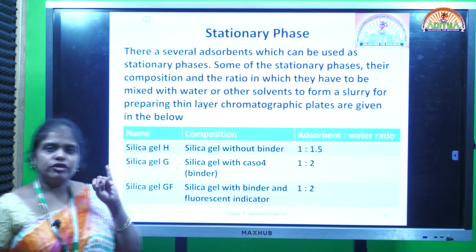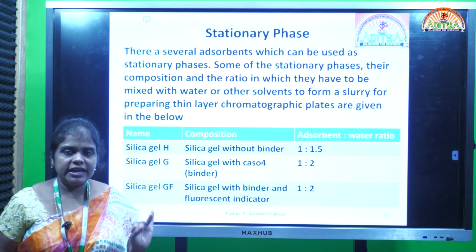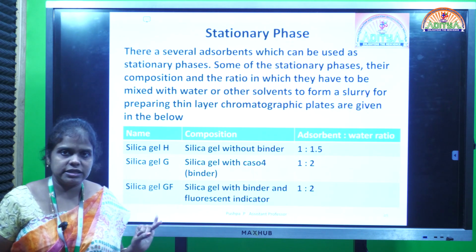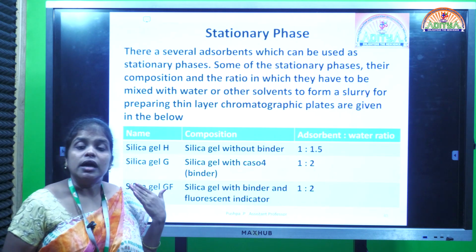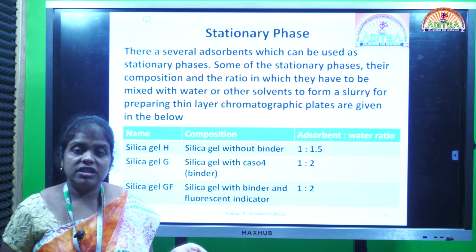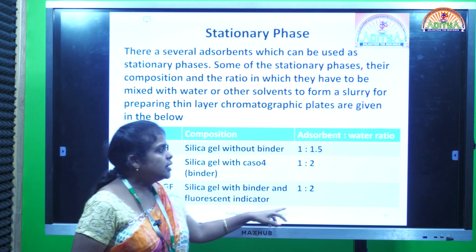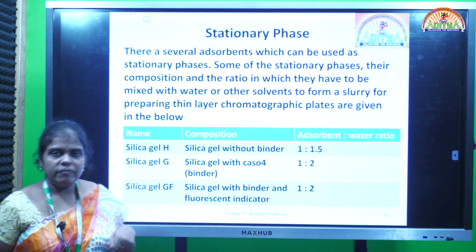That means you take the silica gel powder, add the binder for good binding, as a lubricating agent, and for better separation, and also add the fluorescent indicator if the components we are going to separate have a fluorescence emitting property. You add double the volume of water and prepare a good slurry with thorough mixing.